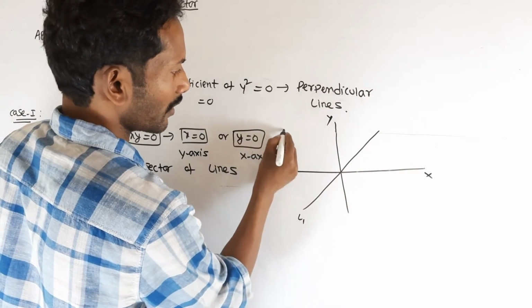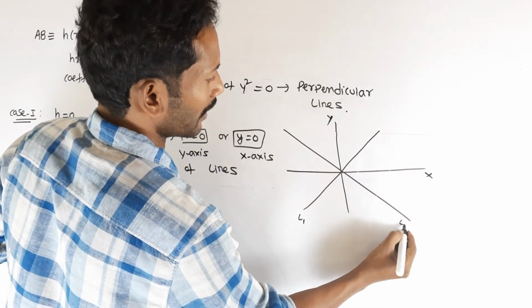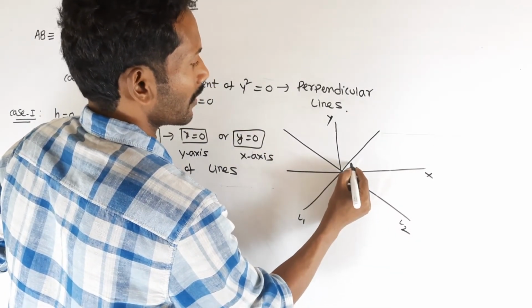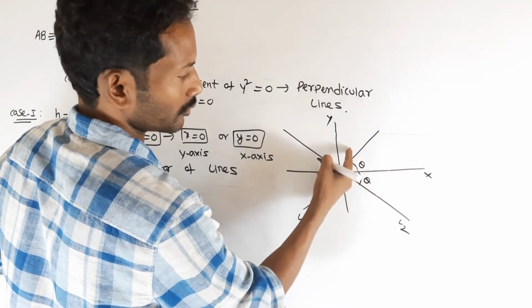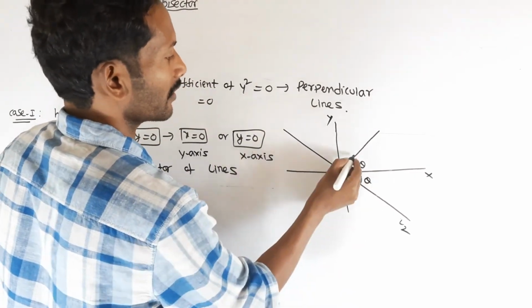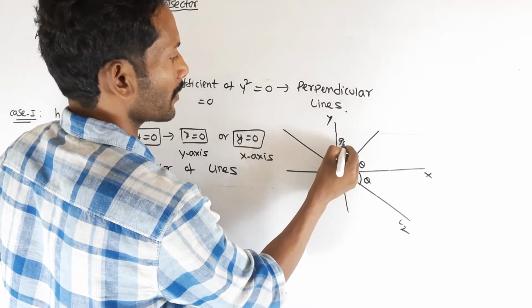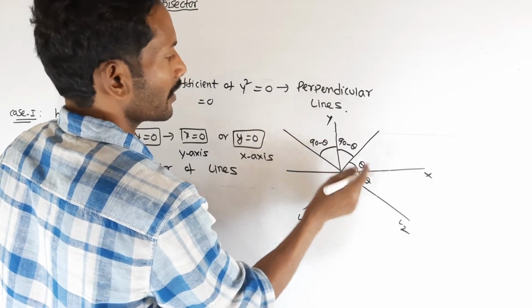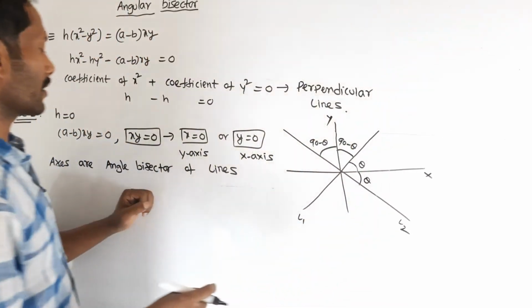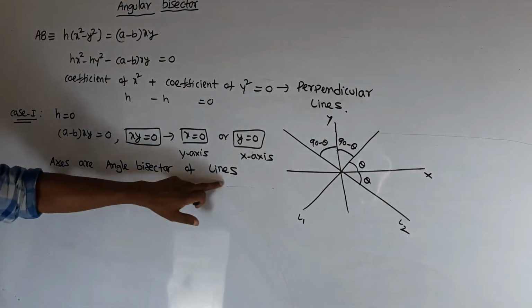Line L1, line L2. Here x axis is the angle bisector of these two, theta and theta. This one is 90 minus theta, this one is 90 minus theta. Here x axis and y axis are angle bisectors of lines.